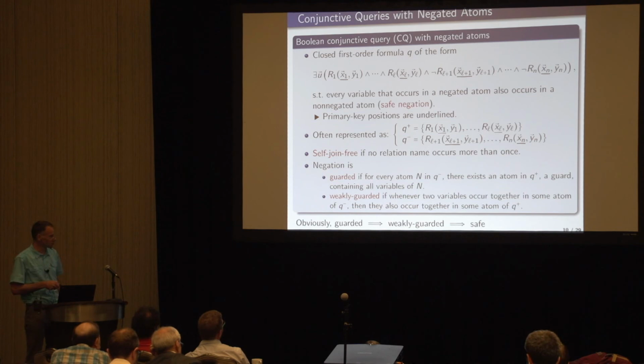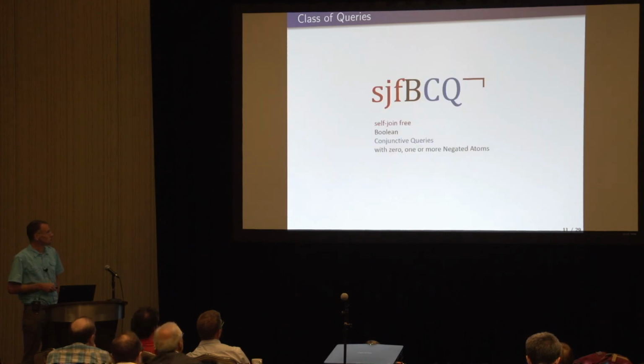So you can see that weakly guarded is somewhere between safe and guarded. So this is the class of queries we are looking at: self-join free Boolean conjunctive queries with 0, 1 or more negated atoms.